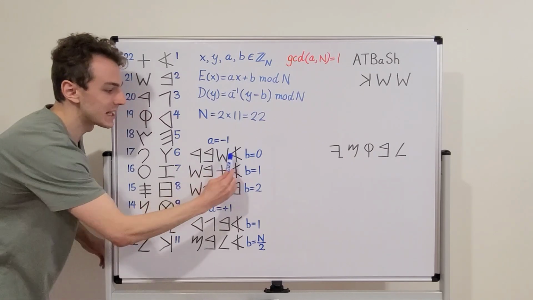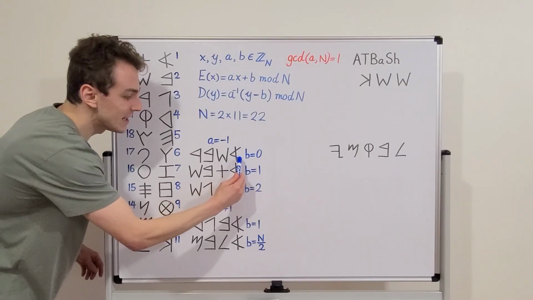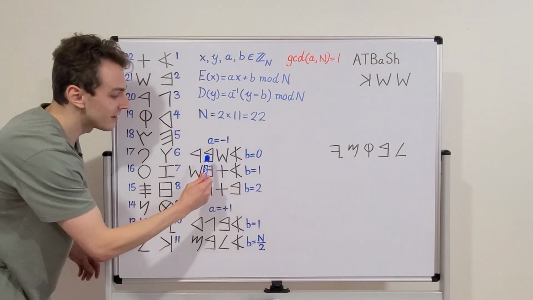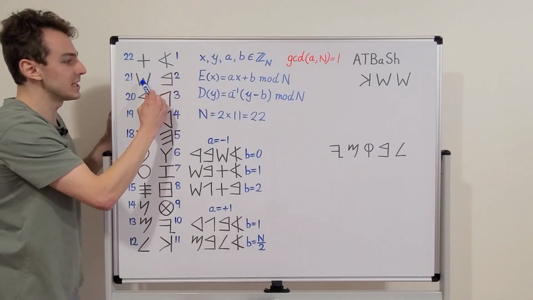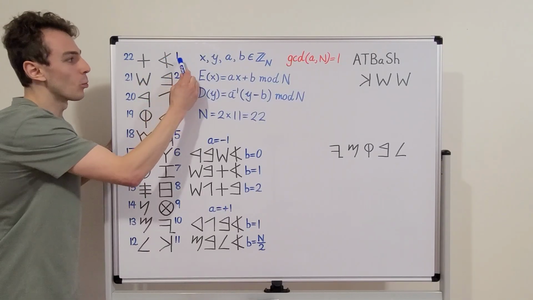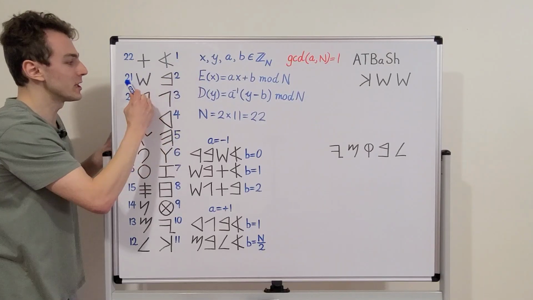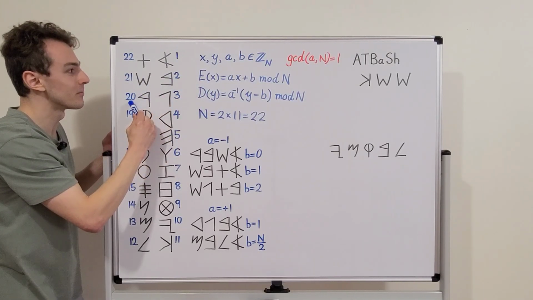Now, what does this name tell us? AShBaR tells us that we have Aleph, Shin, and then we have BaTGaSh. So Aleph, Shin, BaTGaSh. It's telling us that 1 is paired with 21 and 2 is paired with 20.